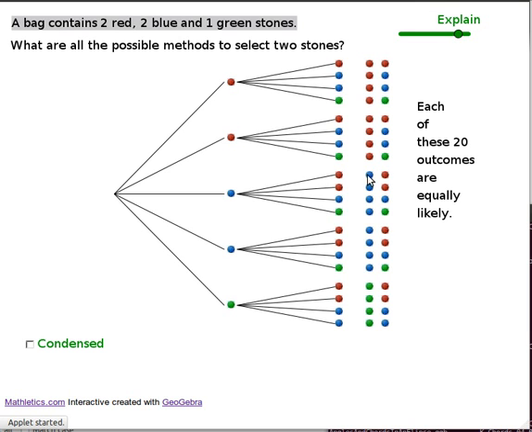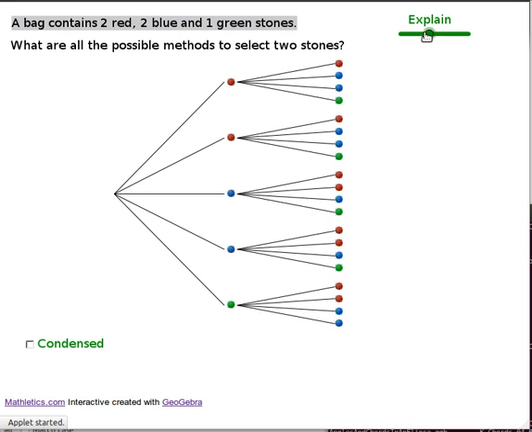And because each of these items is equally likely to occur, and there's 20 of them. There's 5 ways to pull the first stone out, and then for each of those 5 there are 4 ways of pulling the second stone out. So you get 20 equally likely outcomes. So the probability of each one of these is 1/20th.